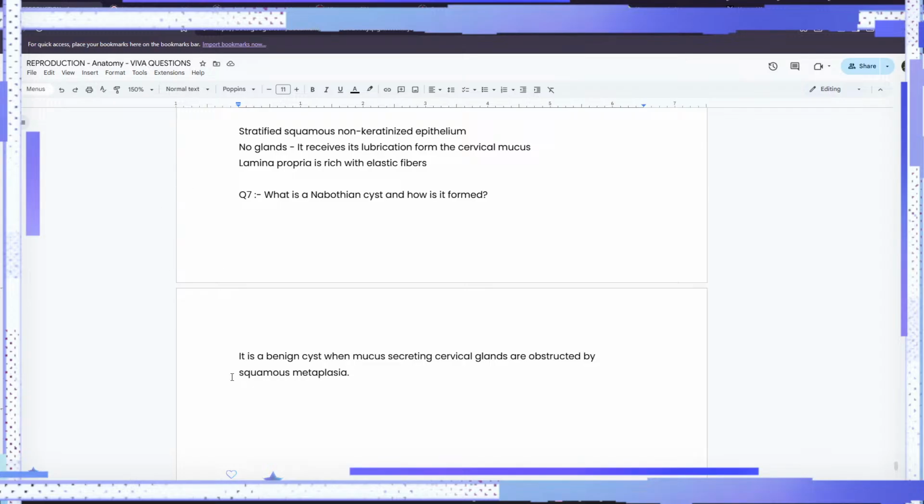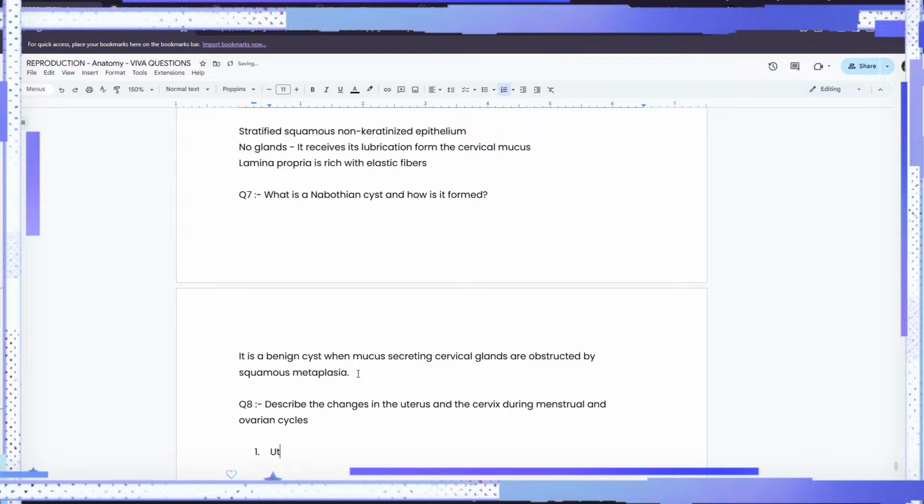Another question that can come up, it's a histological question, is: describe the changes in the uterus and the cervix during menstrual and ovarian cycles.